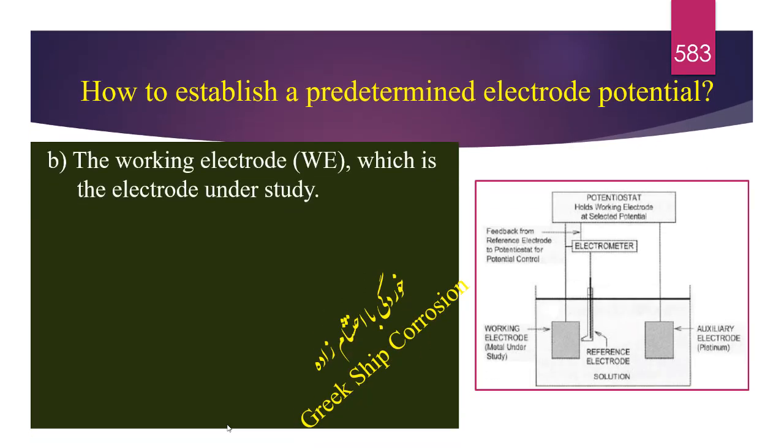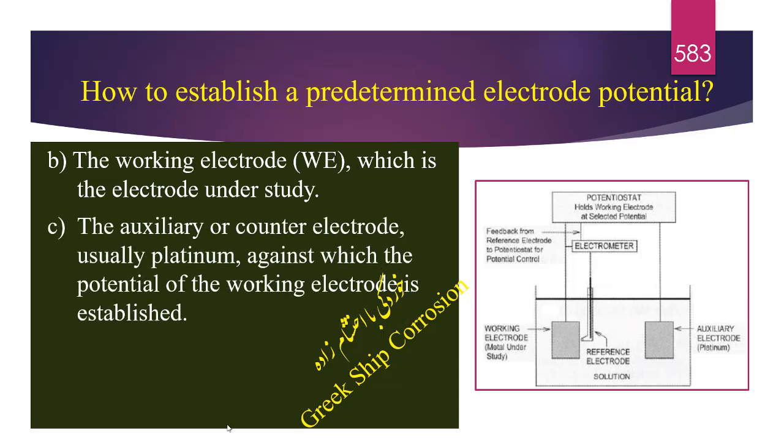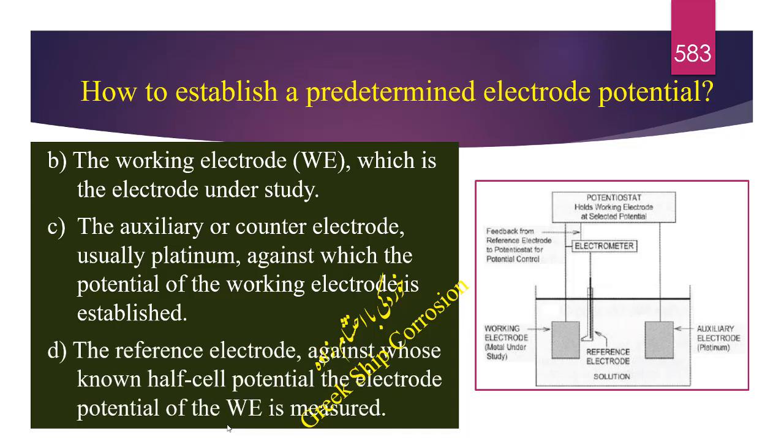B. The working electrode or WE, which is the electrode under study. C. The auxiliary or counter electrode, usually platinum, against which the potential of the working electrode is established. D. The reference electrode against whose known half-cell potential the electrode potential of the working electrode is measured.